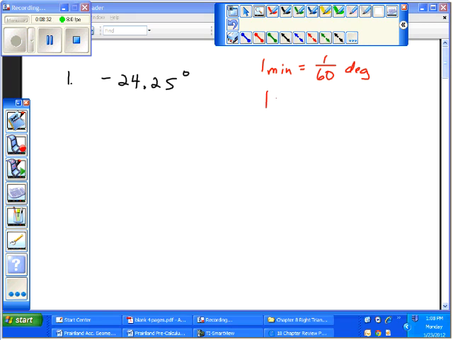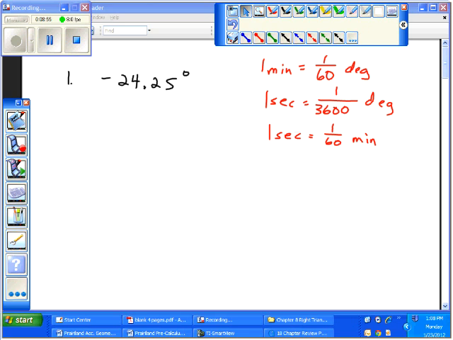And we need to know that 1 second is equal to 1/3600th of a degree, which we know in the middle of that 1 second is also 1/60th of a minute, right?